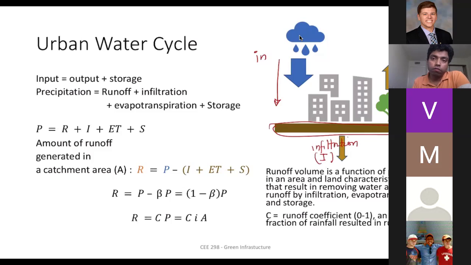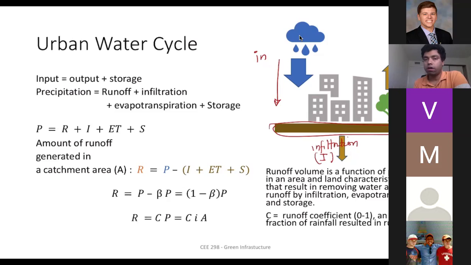And some of the stormwater or the rainwater can evaporate. That evaporation can occur through open areas, where you have a pond and water is evaporated because of heat. And also water can evaporate through plants, because plants pump water from the ground and transpire. So it's operationally impossible to distinguish those two processes.